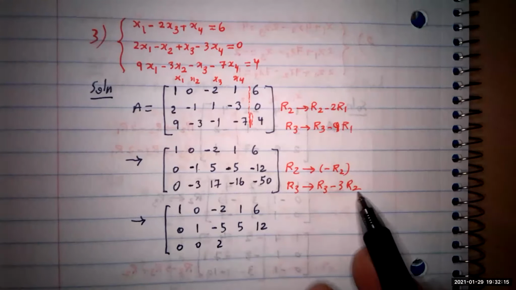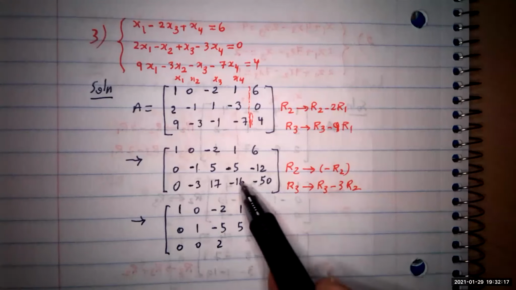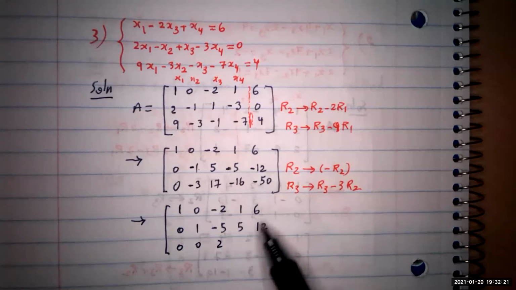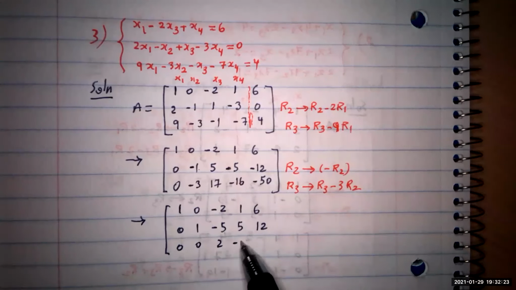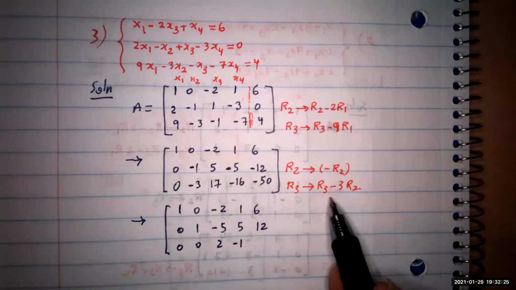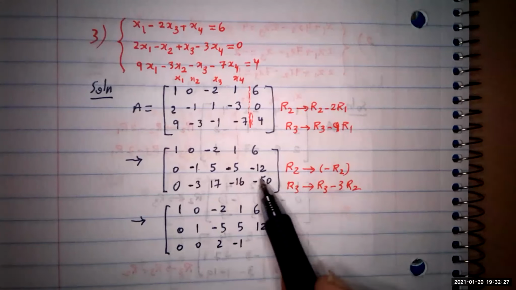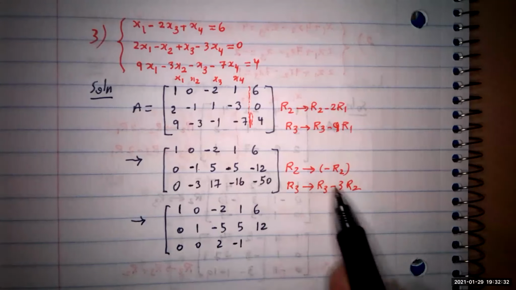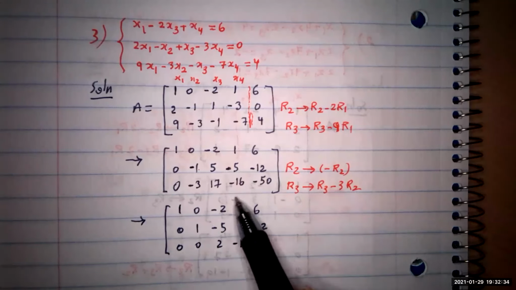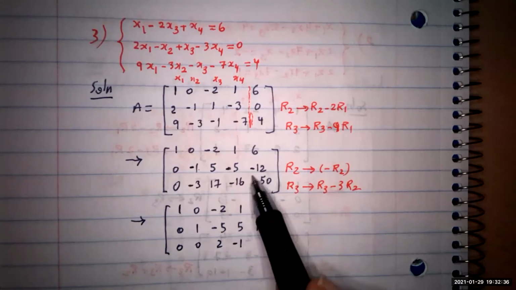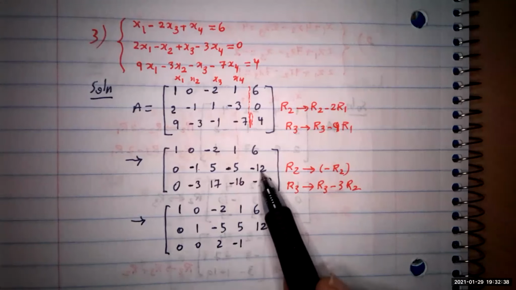Okay, and negative 3R2, so that would be a positive 15, and the 16, that can be a negative 1. Okay, negative 1. And then negative 3R2, that would be a positive 24. Okay, so this is it, 3R2. It's going to be positive 36.